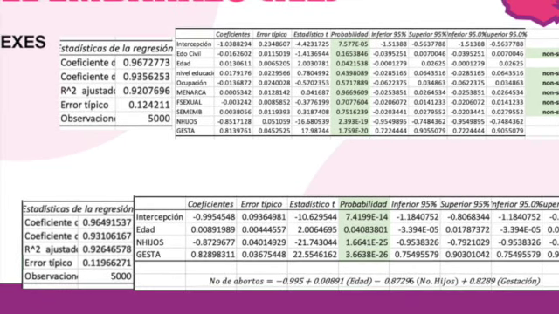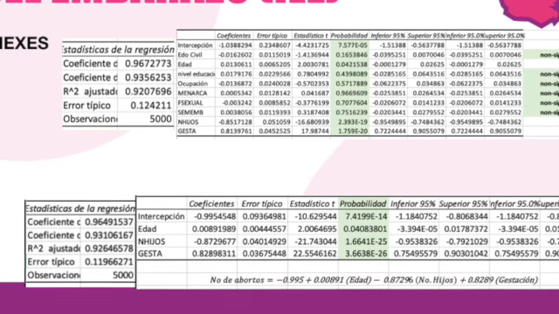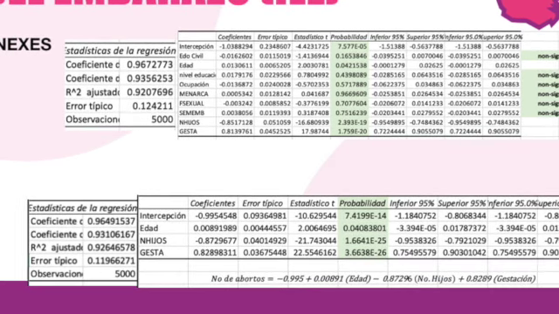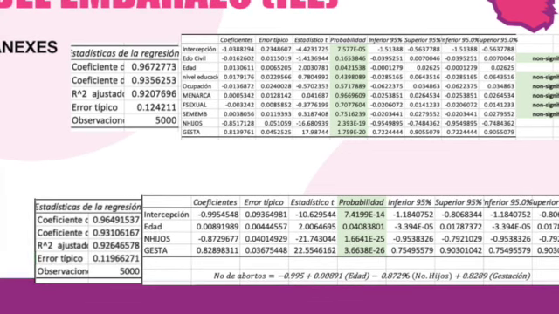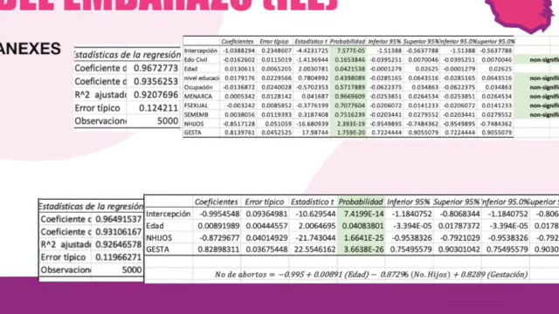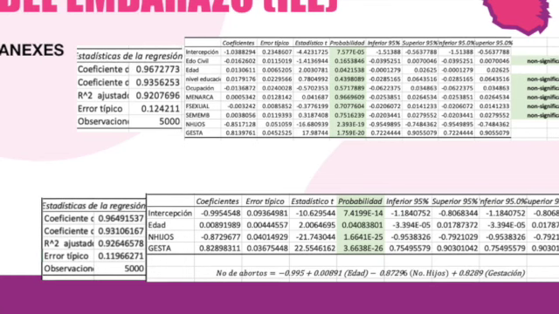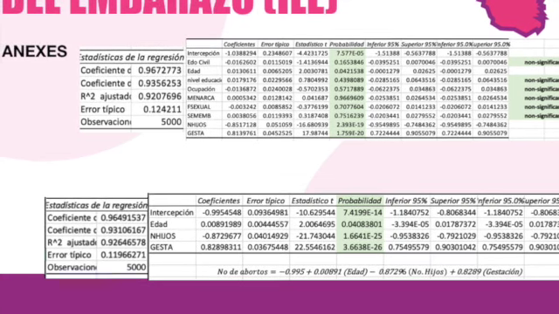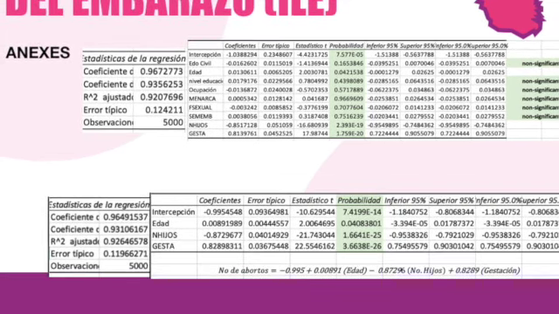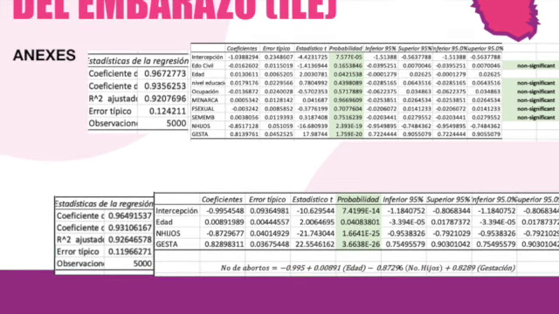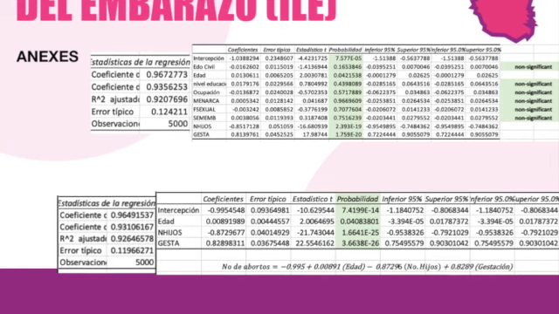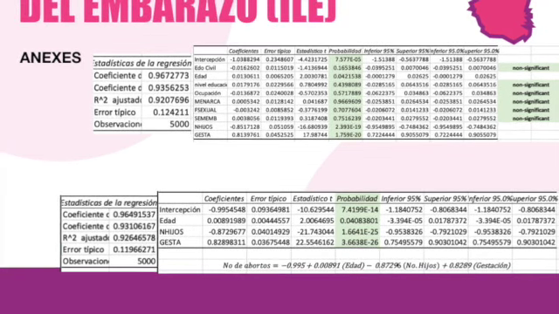In this case, civil status, education level, job, menarca, first sexual relation, and weeks since the last sexual relation were the non-significant variables. Then we ran the multiple regression model again and used only the significant variables. Also, we can see that the determination coefficient was higher in the second model.